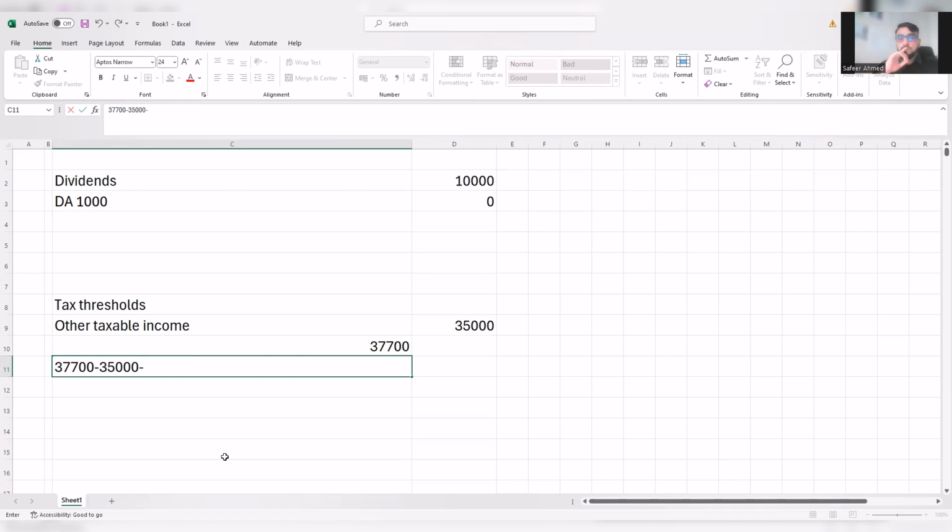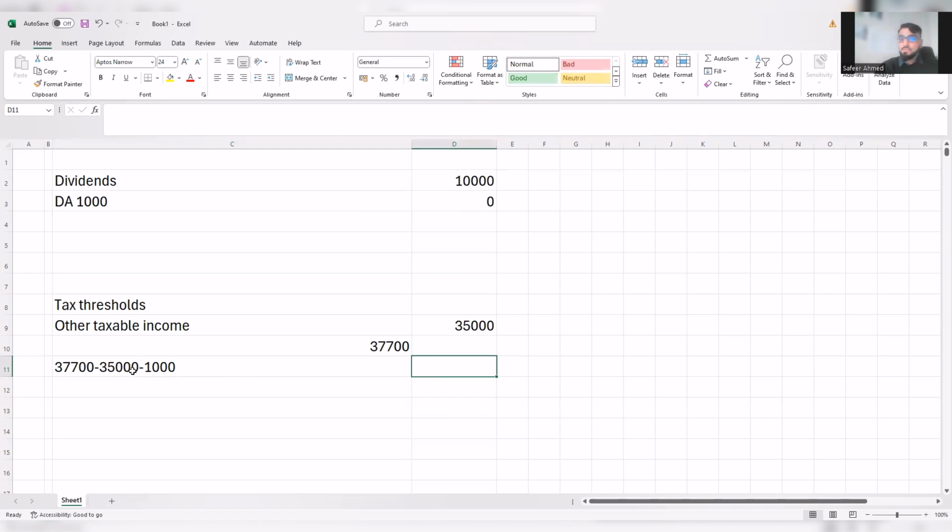One thing you also need to notice here is that although there's no tax on the dividend allowance of 1,000, it does actually use your basic rate band threshold. So you will have to deduct that as well. So how much basic rate band threshold is available to this person? It's 36,000 used, so 37,700 minus 36,000, which gives you 1,700.